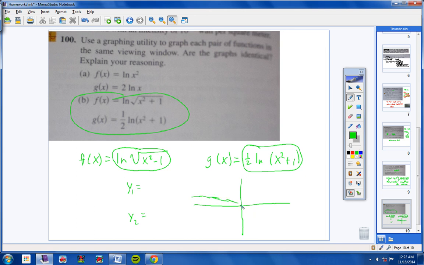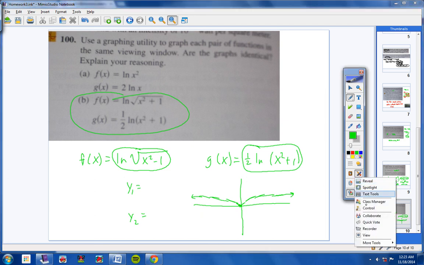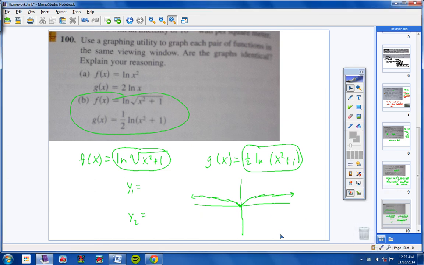Hit here, and then come up like this. Now, if you'll make sure that both equal signs are highlighted and hit graph, the two graphs will fall right on top of each other, okay?